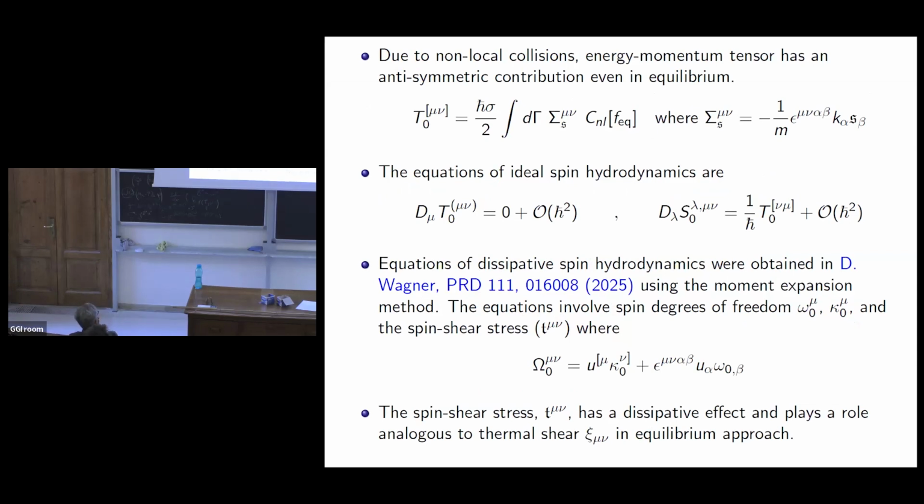So the ideal spin hydrodynamics, which is defined as the one when the distribution is in local equilibrium, one can derive the equations. One can take the moments of the Boltzmann equation and integrate over the phase space to arrive at these equations, which are the ideal spin hydrodynamics. Now, there are two key observations.